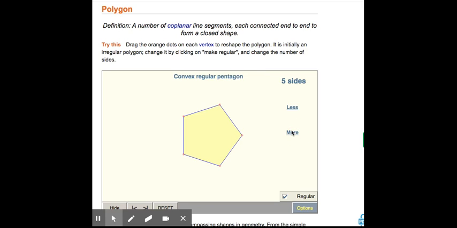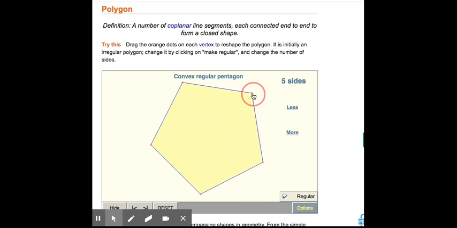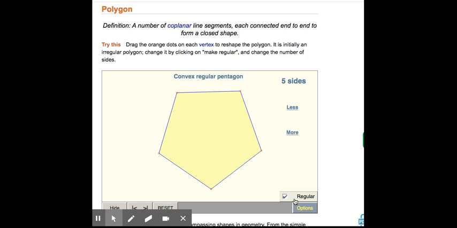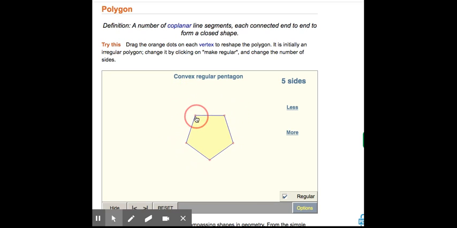Here's a regular pentagon. Now remember, the definition of a regular polygon is that all the sides are congruent and all the interior angles are congruent. So once I try to move my polygon by moving the vertex, notice that if I have regular checked off here, all that's going to happen is that my shape is going to be dilated.